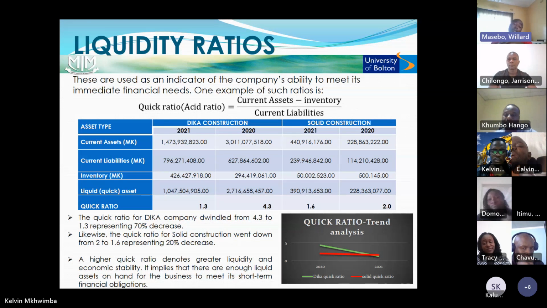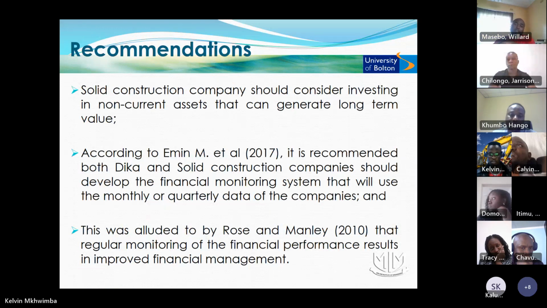So it's very important for the companies to strike the balance between using the assets profitably and also maintaining the liquidity of their operations. I wanted to put that point clear. So reaching this far, let me hand over to my colleague, Mr. Kelvin Pimba, to take us through the remaining 2 slides.